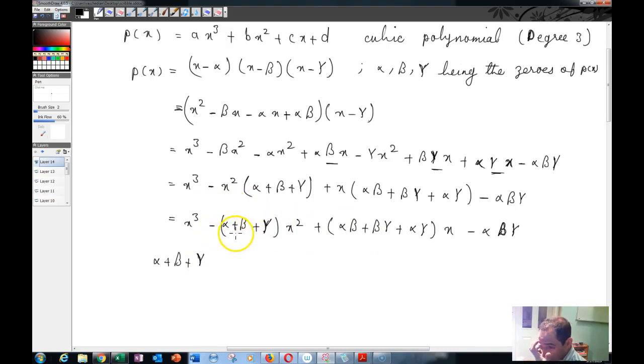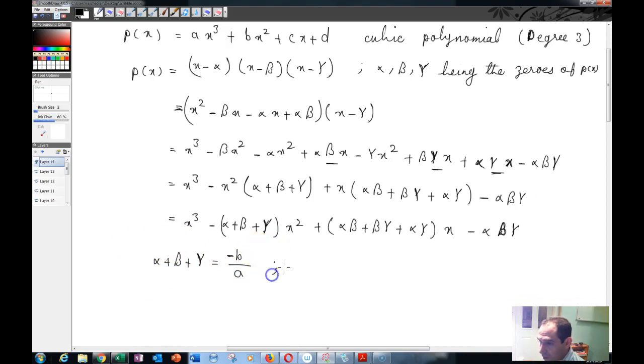That is b, because this is a, b, c, and d, so that is b here, and you can divide that by a. So your a is 1, so that is b by a, but there is a negative sign here. So if you multiply a negative by b, which is inherently negative, then it becomes positive, and then you get a positive alpha plus beta plus gamma here.